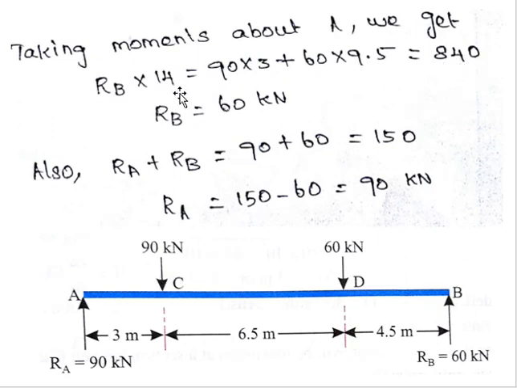This 840 is divided by 14, and finally we get RB equal to 60 kilonewton.